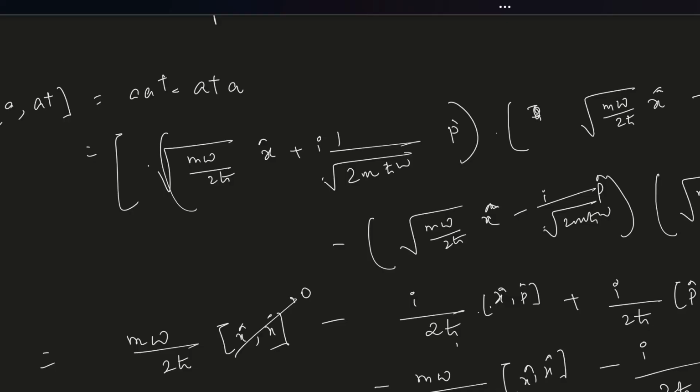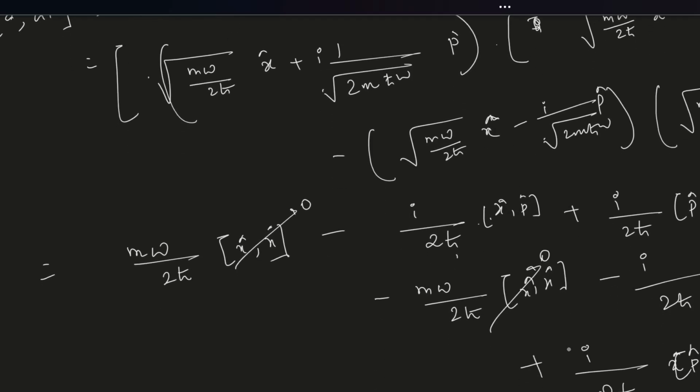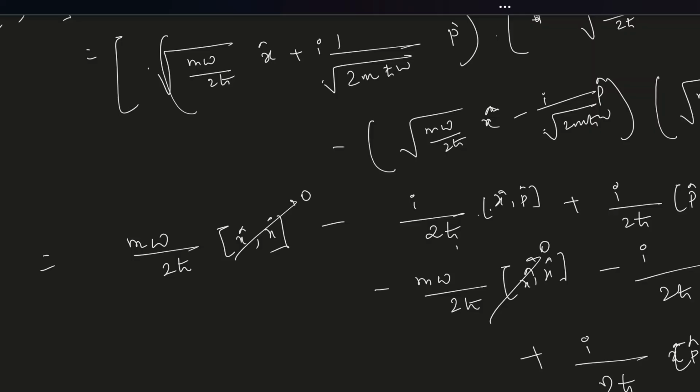Okay, so you are getting minus i by 2 h cut into i h cut, plus i by 2 h cut into minus i h cut, minus i by 2 h cut into i h cut.